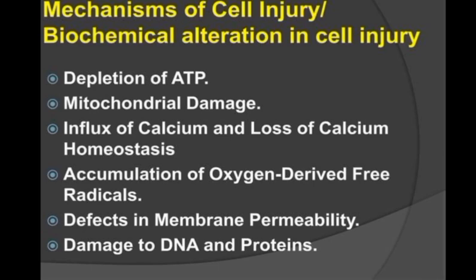Next one is the influx of calcium, and calcium homeostasis will get lost. Next one, accumulation of the oxygen free radicals. Oxygen free radicals are formed in the mitochondria. In mitochondria, nutrients are converted into electrons, and using electrons, oxygen, and hydrogen, oxygen is converted into water and excreted.